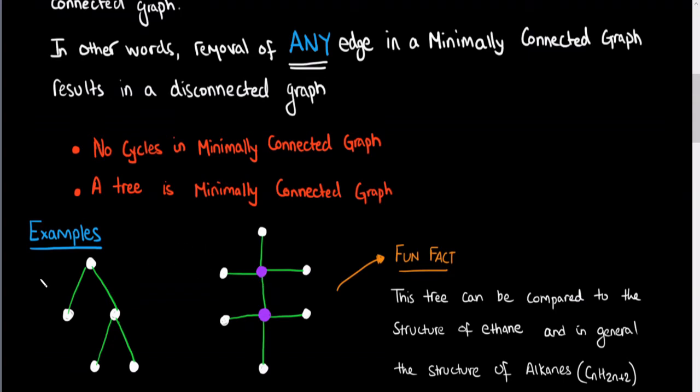Similarly, say this is example 1 and this is example 2, you see that this is an acyclic connected graph, and thus it's a tree. There's a reason why I've marked these 2 vertices in the middle with the color purple and the rest with white.